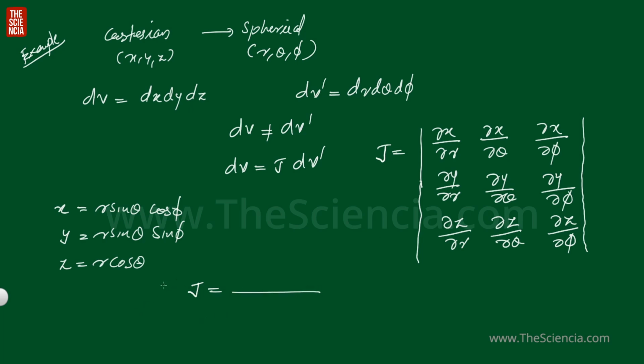Please try this by yourself. Don't worry, I tell you the final answer. The final answer will be equal to r square sin theta. So we can connect these two volume elements as dx dy dz is equal to r square sin theta dr d theta d phi. So here this is the Jacobian, that is r square sin theta.